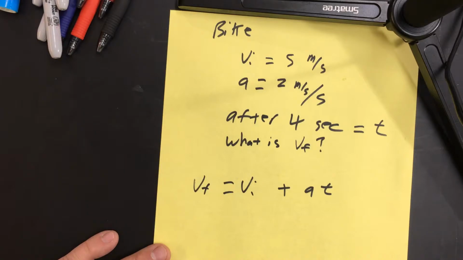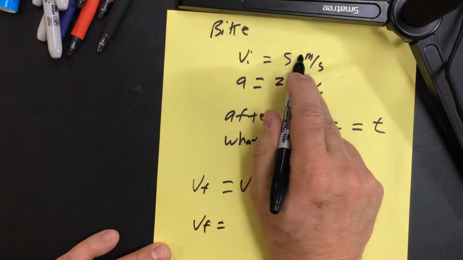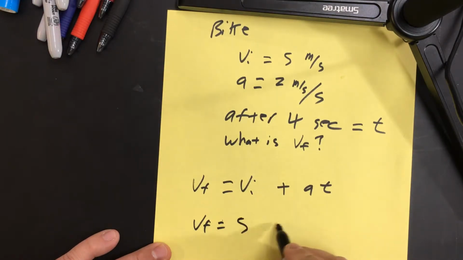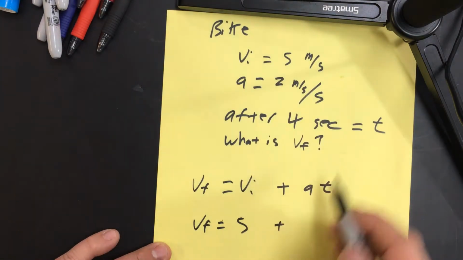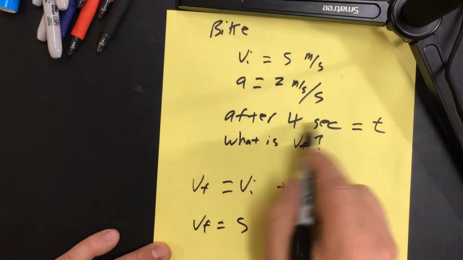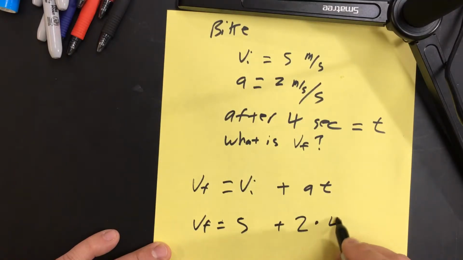Now, we have an equation, we have all of our data. All we have to do now is plug in and solve. Final velocity equals initial velocity plus the rate of acceleration times the elapsed time.